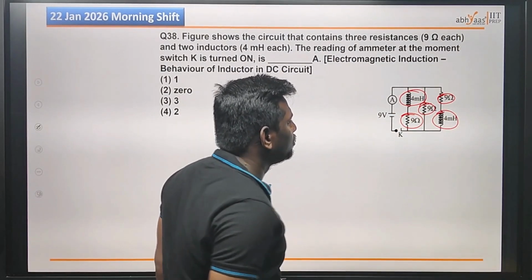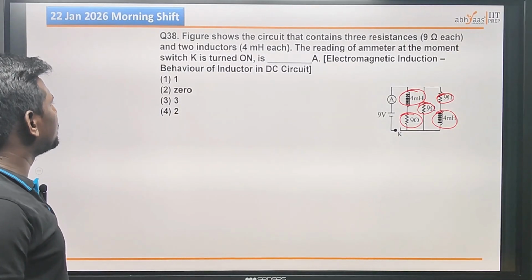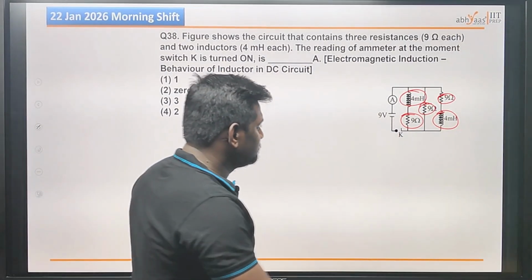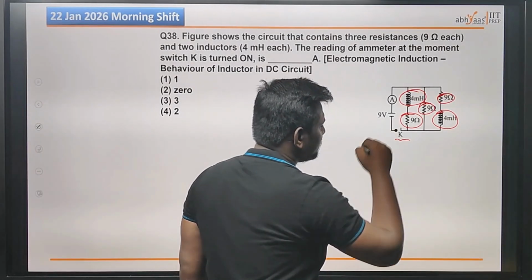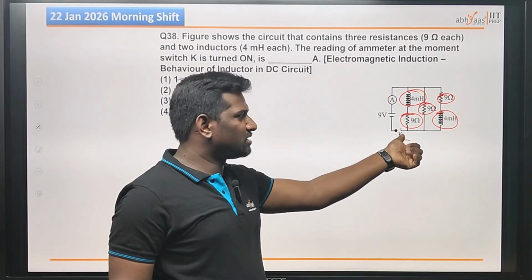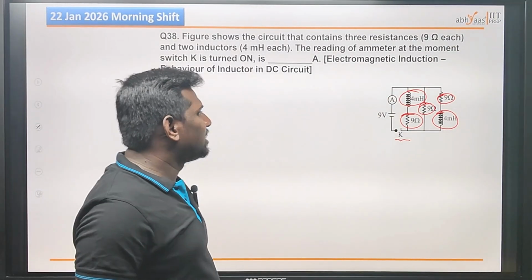What is the reading of the ammeter at the moment when the switch is turned on? If you see, the switch is turned on, then what is the current in the circuit?